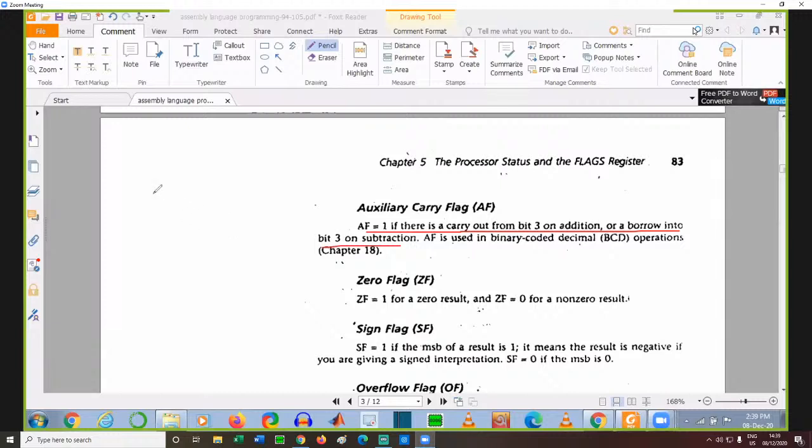So it simply means that suppose you have this number, 1 1 1 1 1 0 0 0 and 1 1 0 0 0 0 0 0. Can you say what will be the AF if you add these two numbers? What will be the value of AF?